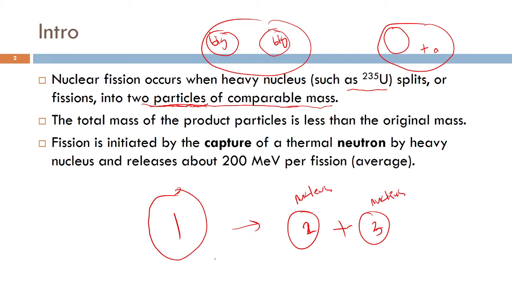The mass of 1 is actually greater than the combined mass of 2 and 3. So there is a loss of mass which is converted into energy.